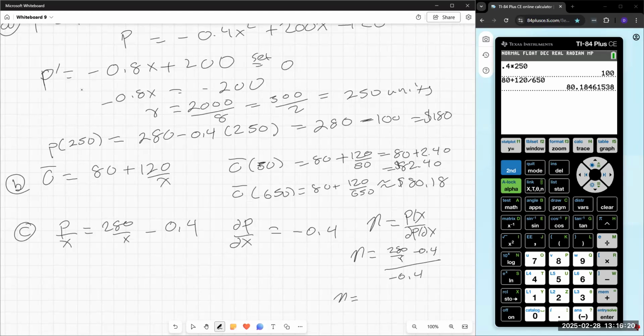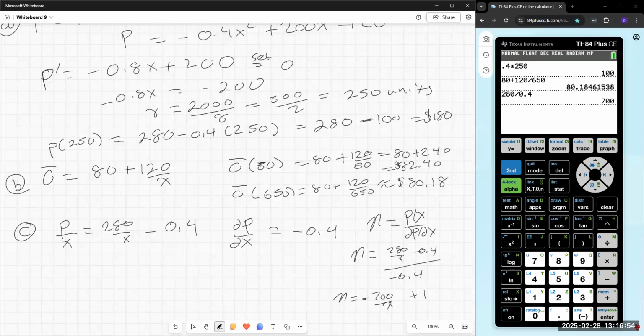So eta is going to be plus 1, and this is a negative 700 over x, because 280 divided by 0.4 is 700. And it's negative because a positive divided by a negative is a negative.